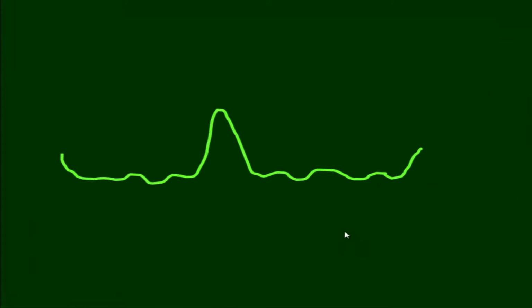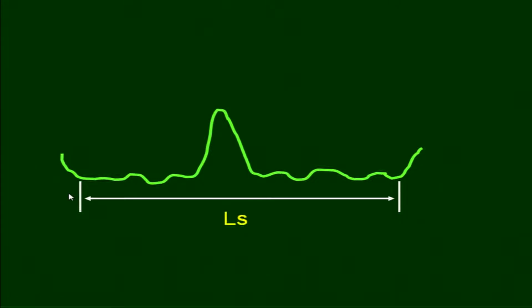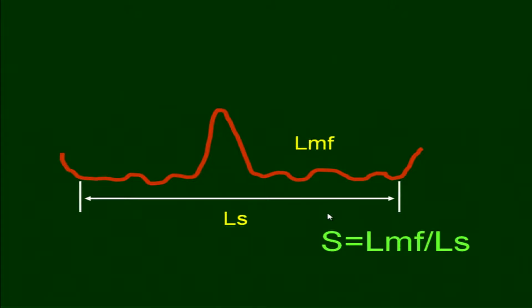So, if you want to measure, this is the front here. This is the mountain front, and the mountain front sinuosity is taken as this one. So, this is your LS and this one is your LMF. The ratio between LMF and LS will give you the mountain front sinuosity.